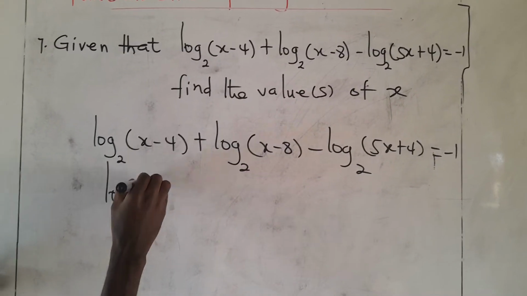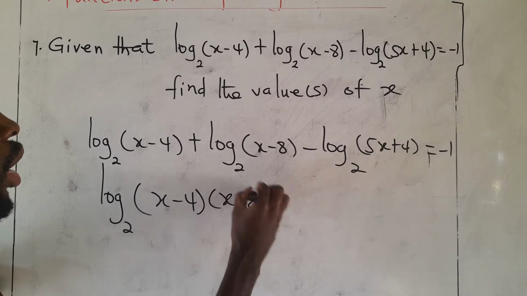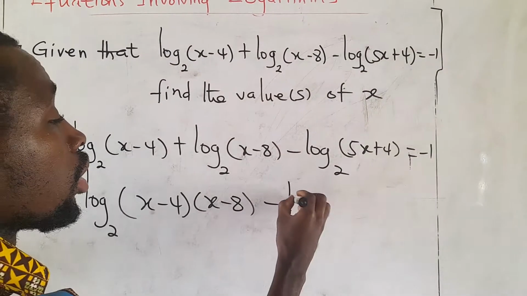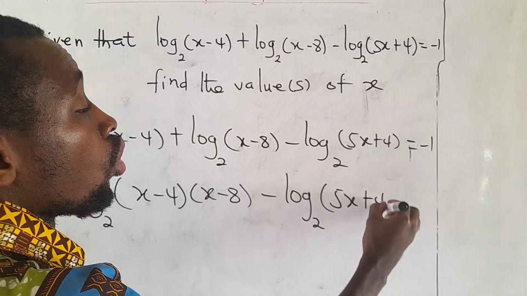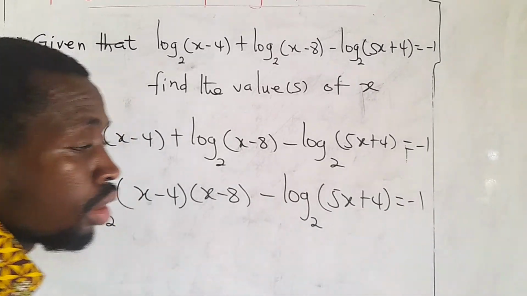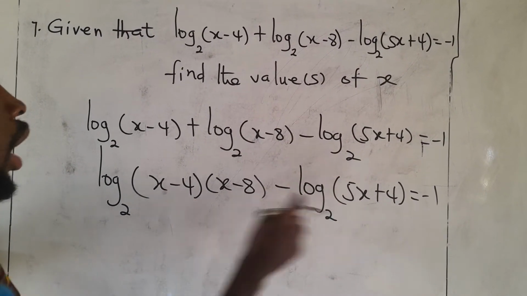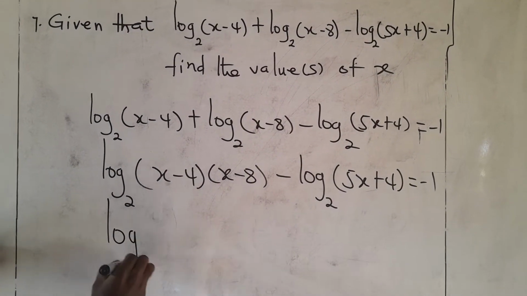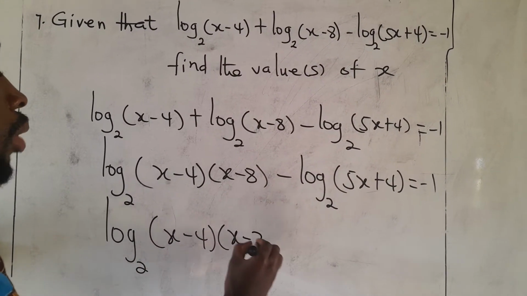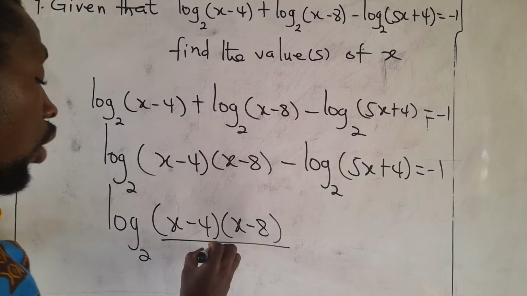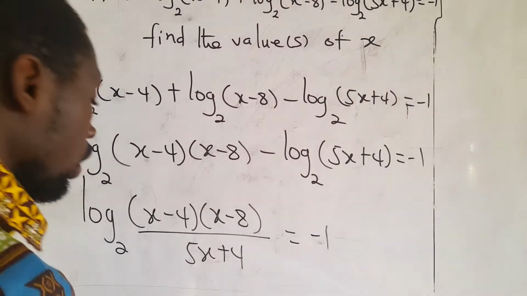So we can say log of (x minus 4) times (x minus 8) minus log (5x plus 4) equal to negative 1. Since this is subtracting with the same base, we can let it divide. So we can say log of (x minus 4)(x minus 8) all over (5x plus 4) equal to negative 1.